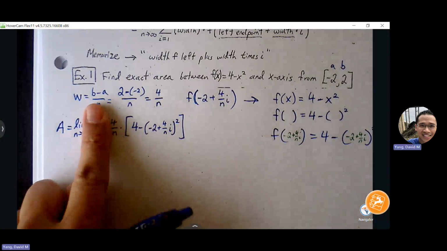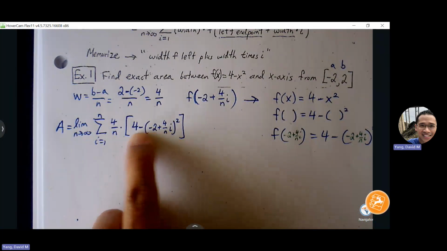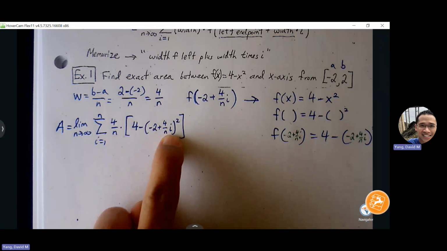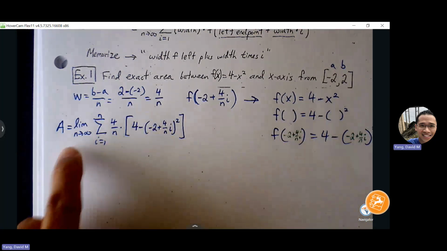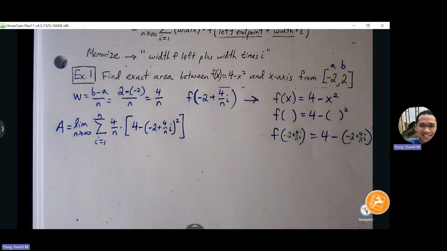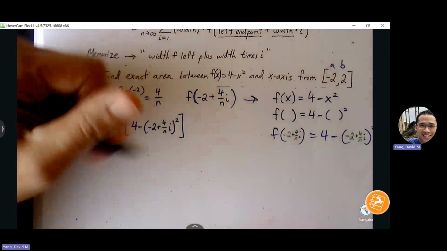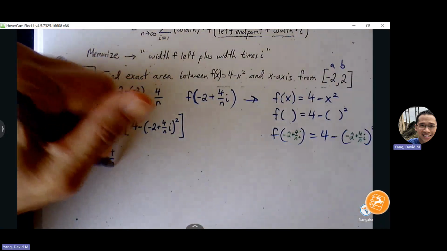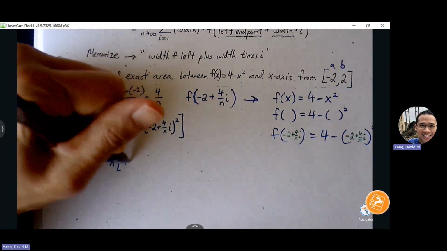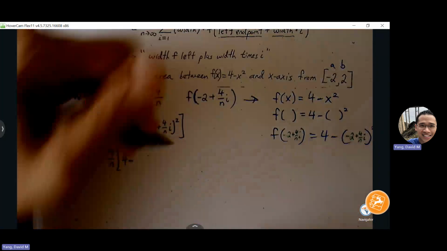So we're going to do what we did on the first day. We're going to FOIL all this out, clean all this up, get our summation rules to come into play, get everything in terms of n, and then we'll do the limit as n approaches infinity, and then compare degrees and get all of our fractions, and then we can add them together. Okay, so first things first here, I'm going to focus on trying to FOIL this out.